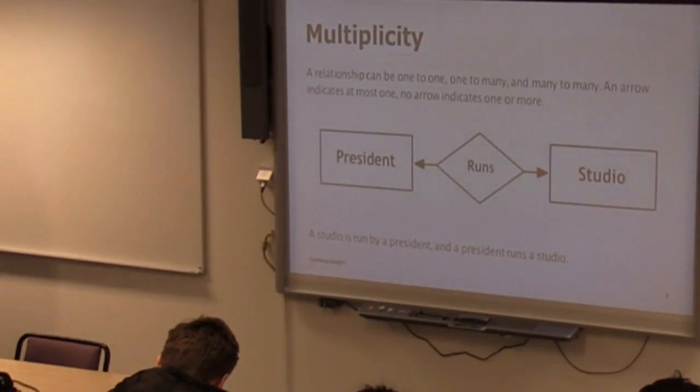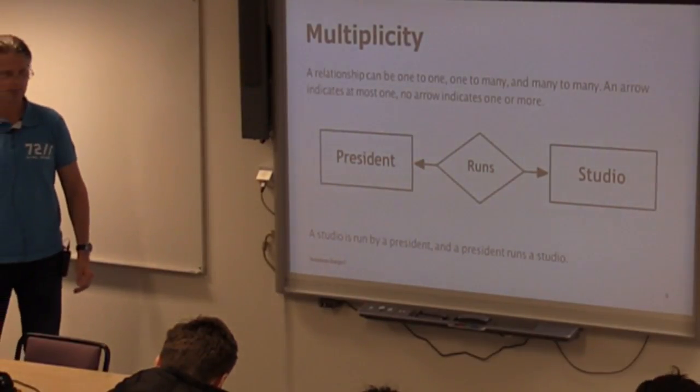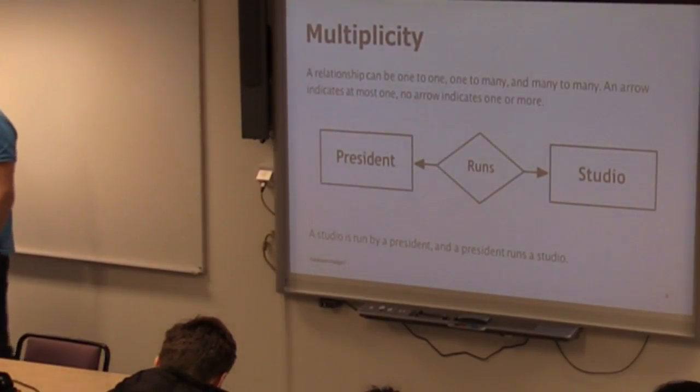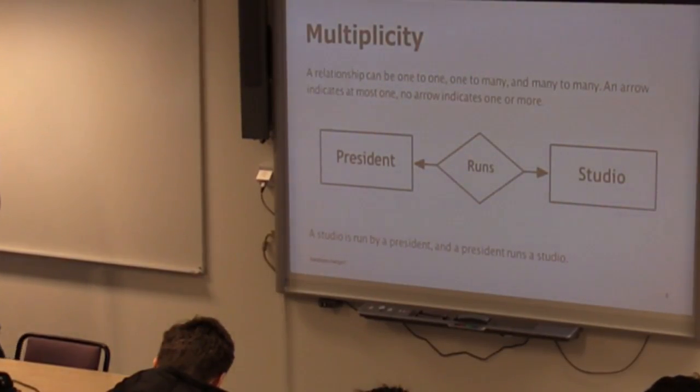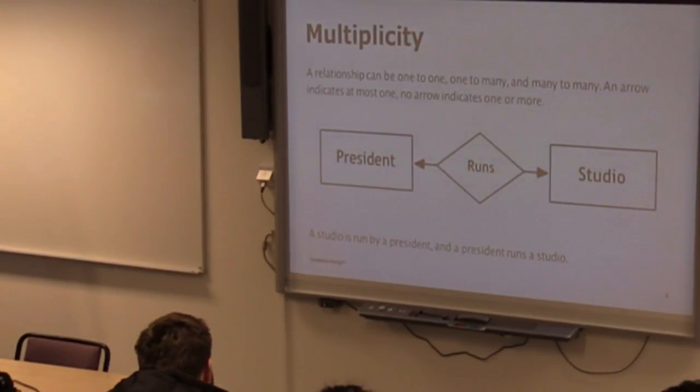And that cardinality is also called multiplicity, and you have at least three. Well, there are a few other ones. One to many, many to one, and many to many. So if you put an arrow at the end, it means 0 or 1. So this means that a president runs one studio, and a studio can be run by a president.